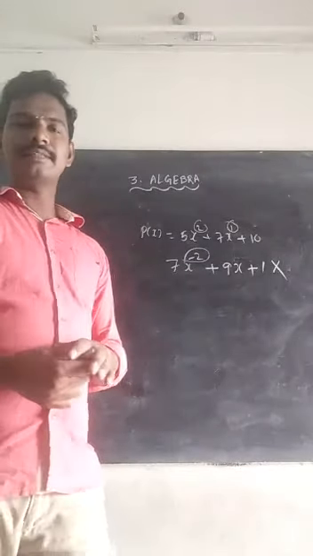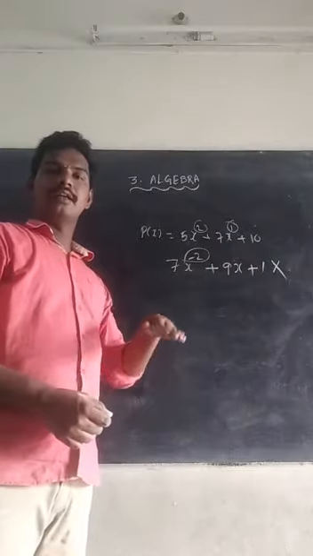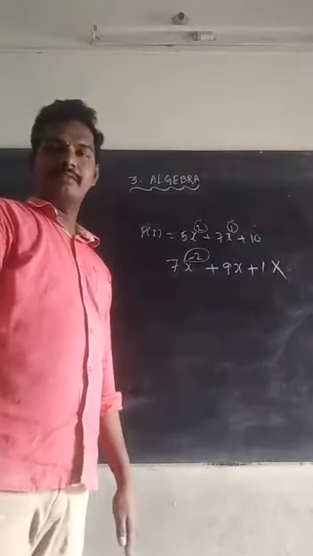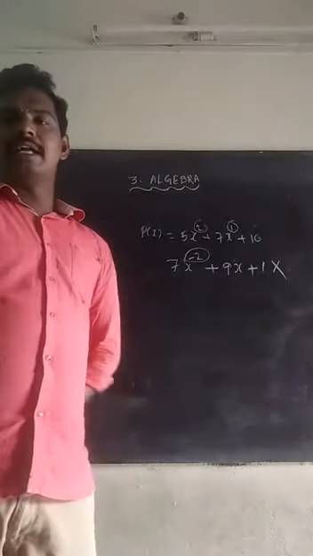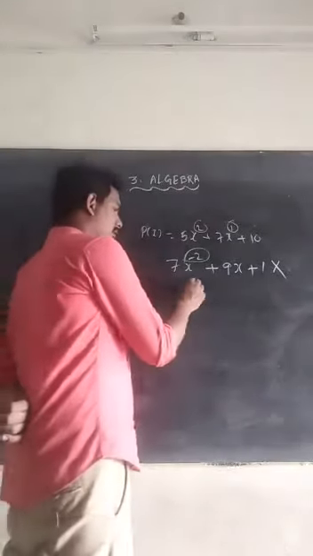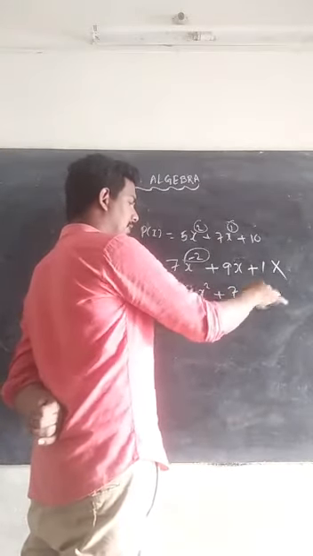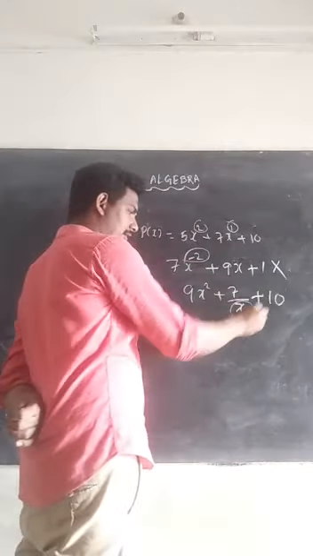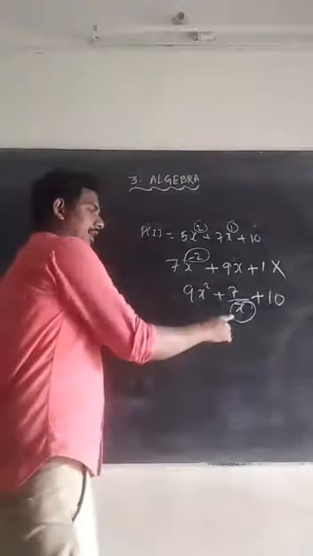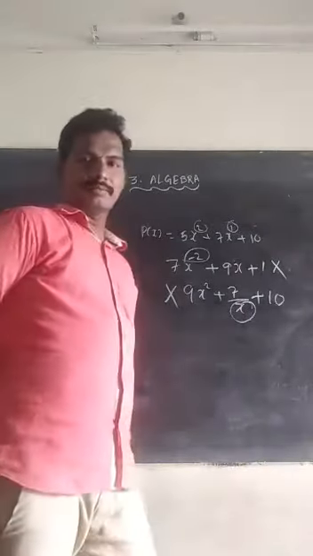Same way next, the variable should not be in denominator. For example, look at 9x square plus 7 by x plus 10. See the variable in denominator. This also we should not say polynomial.